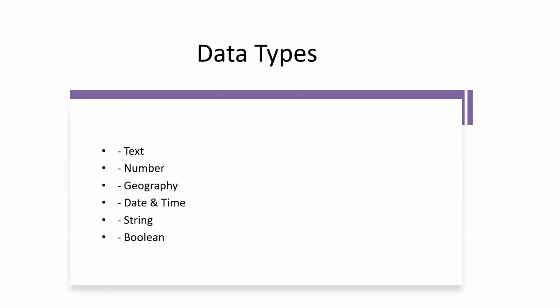Yeah. So these are the data types we have, around six: text, number, geography, date and time, and string boolean. I hope you understand the boolean, right? Yeah, 0 1 format, true or false, or zeros and ones. Okay.